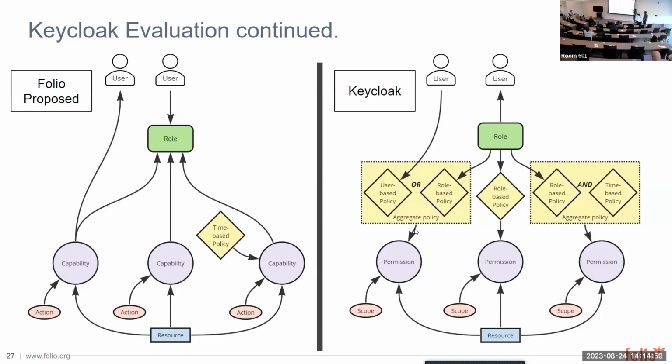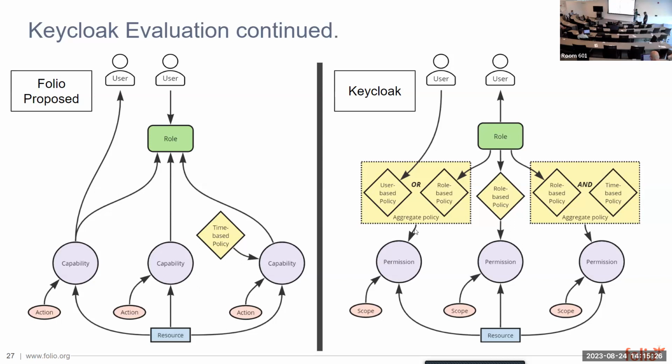There's some of this that gets a little bit more complicated at the policy level that we would be hiding if we were to implement this in Folio, but behind the scenes, we would need some things like aggregate policies. To attach the role to a capability, you need a role-based policy, but if you also wanted to attach a time-based policy to that same capability, or in this case, permission, you would need some sort of aggregate policy that combines those two.